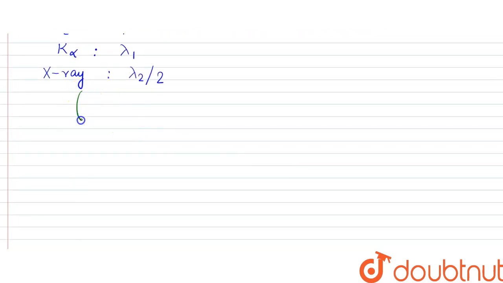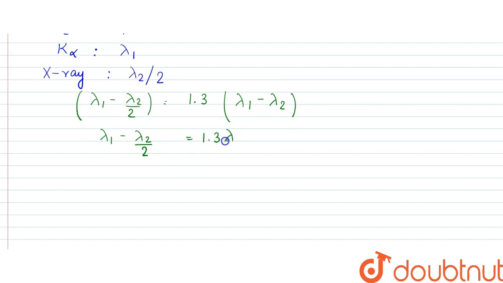Initially the difference is lambda 1 minus lambda 2, and finally the difference would be lambda 1 minus lambda 2 by 2, which equals 1.3 times the bracket lambda 1 minus lambda 2. So lambda 1 minus lambda 2 by 2 equals 1.3 lambda 1 minus 1.3 lambda 2.